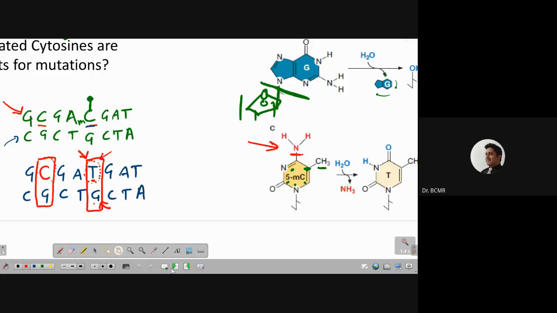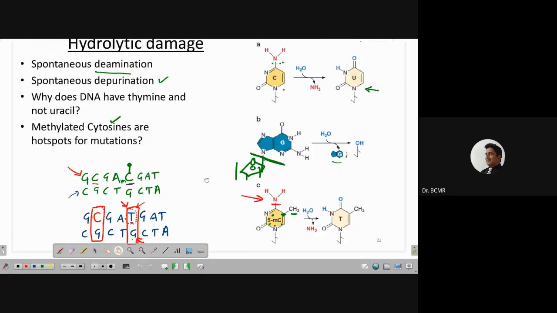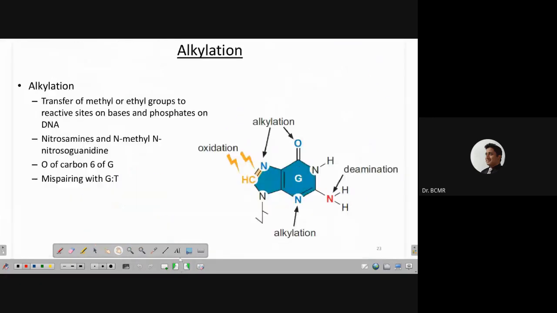Okay, so that is about hydrolysis. And the other chemical modifications that happen are alkylations. They can happen on the N or O. Alkylation is transfer of methyl groups or ethyl groups to some sites, like nitrogen or oxygen. In some other places, oxidation may happen. Deamination may happen.